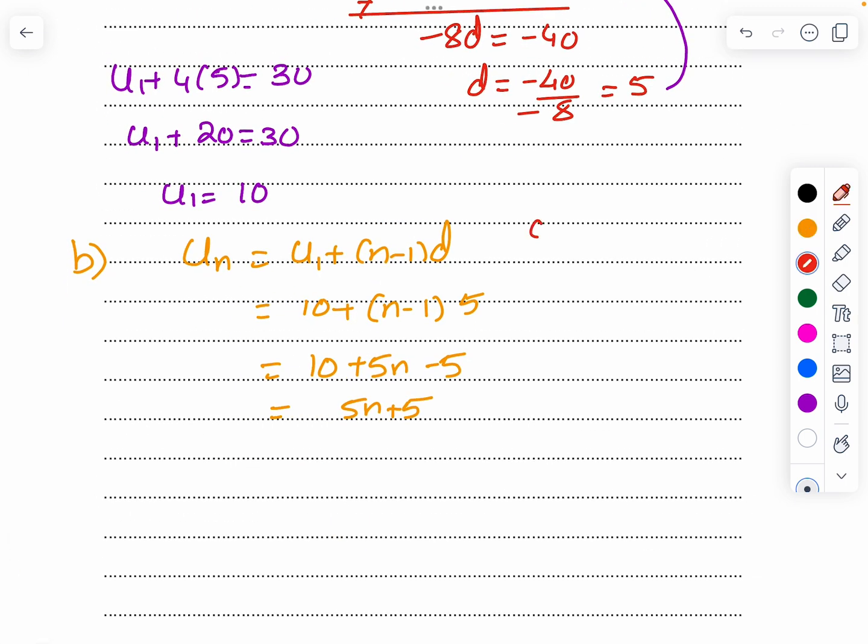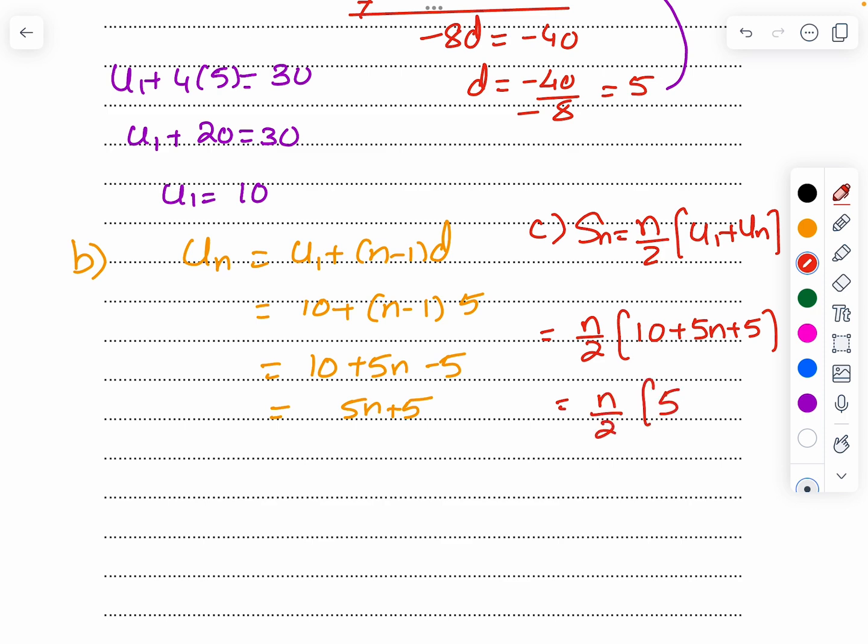We know the formula Sn equals n upon 2 times first term plus last term. So it is n upon 2, the first term is 10 and the last term is 5n plus 5. So what's going to be the answer? n upon 2 times 5n plus 15.